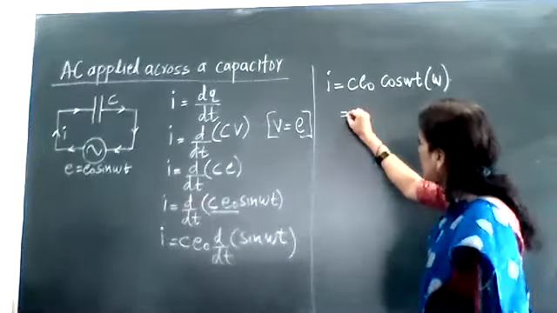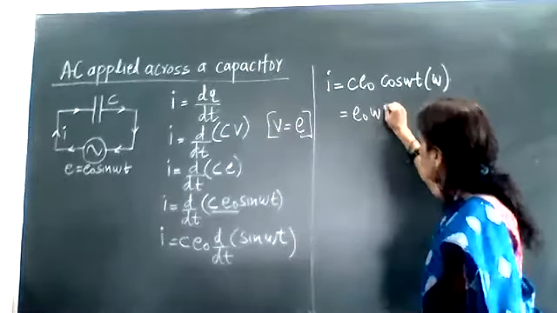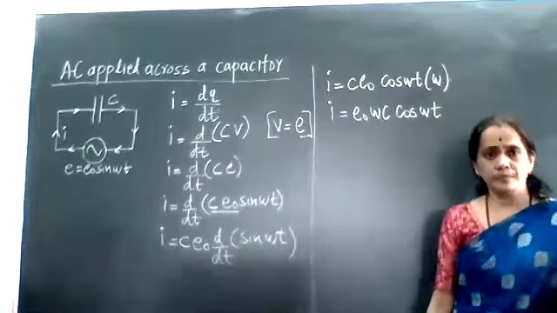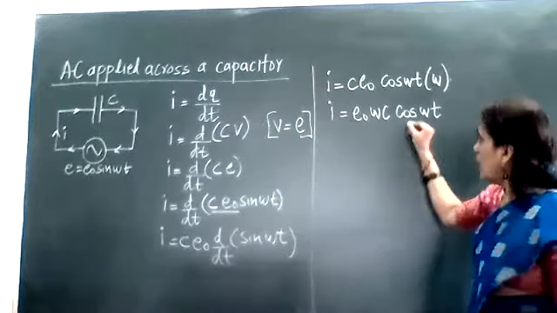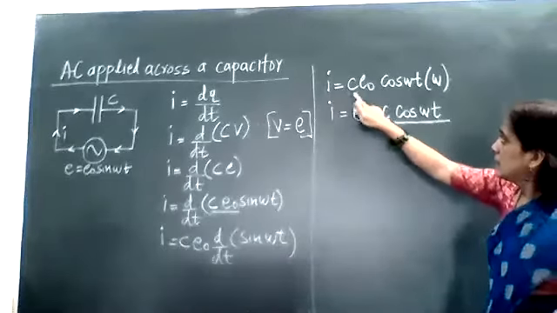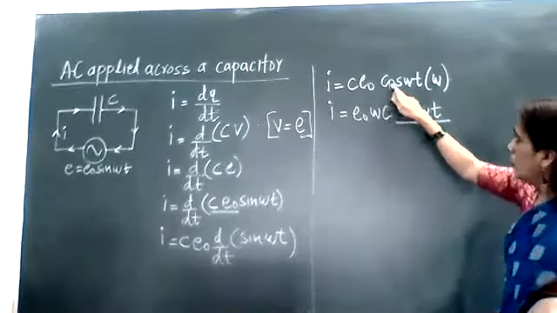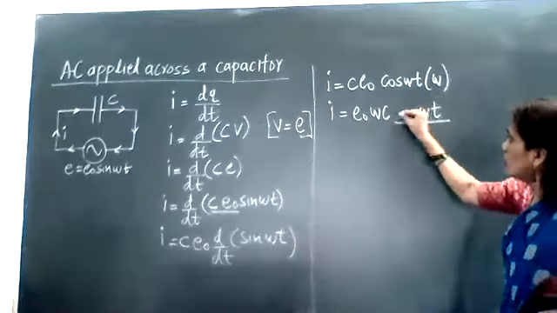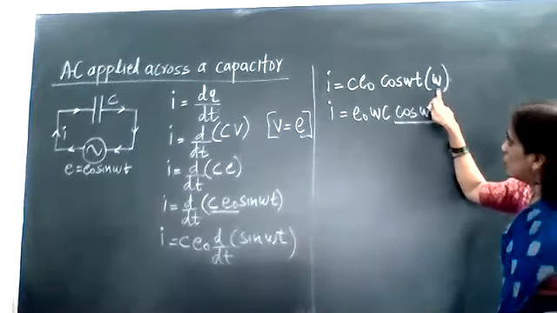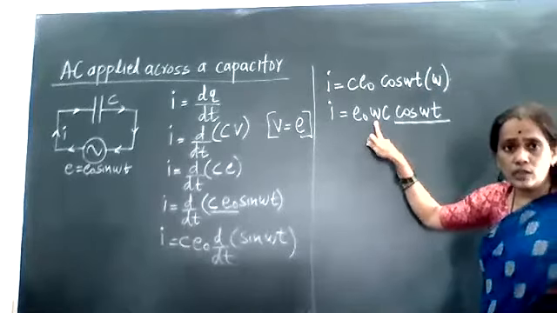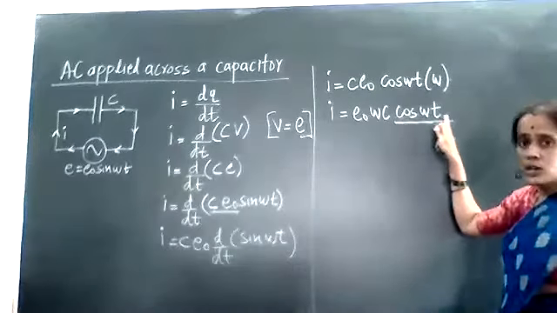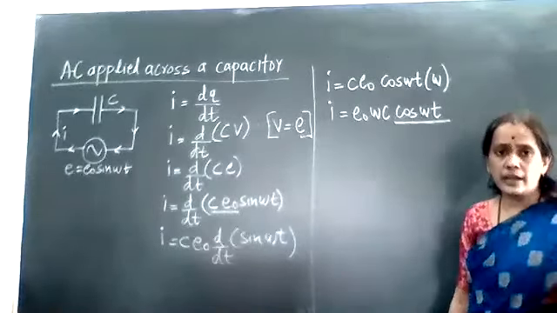Means now this term I can write down as E0 omega C cos of omega t, which is nothing but your I. Now again I repeat here, derivative of sin omega t is nothing but cos omega t. So here the derivative of omega t is omega, so this omega term I will take along with your constant term. So here I am getting E0 omega C cos omega t, that is nothing but the current.